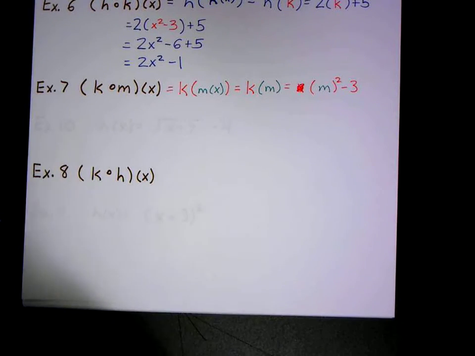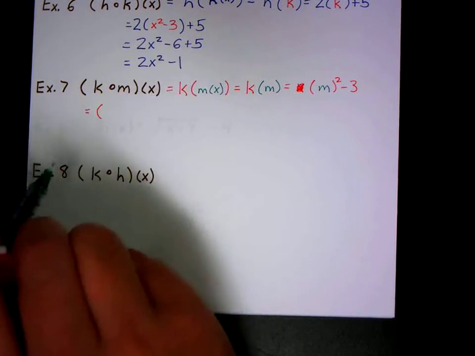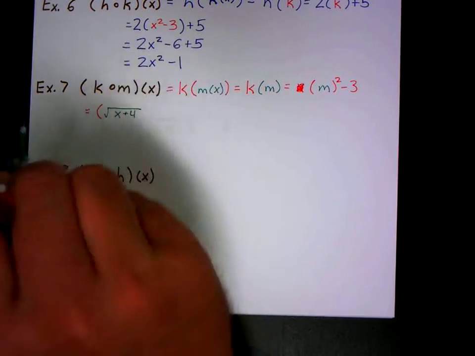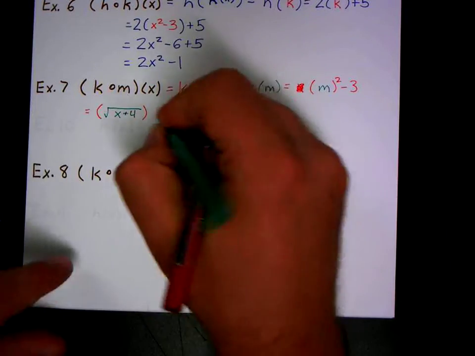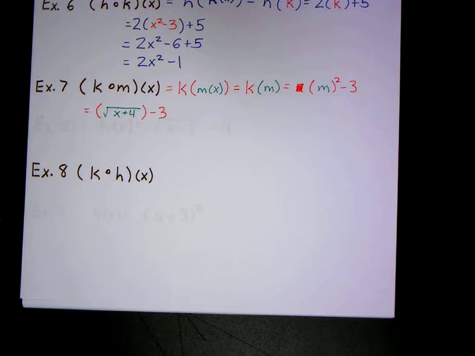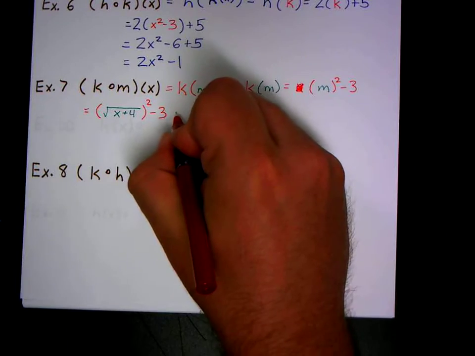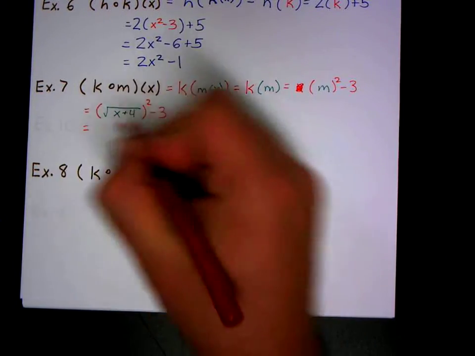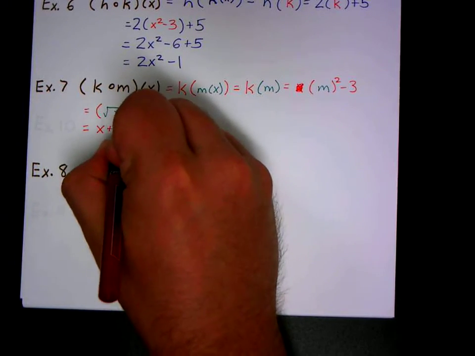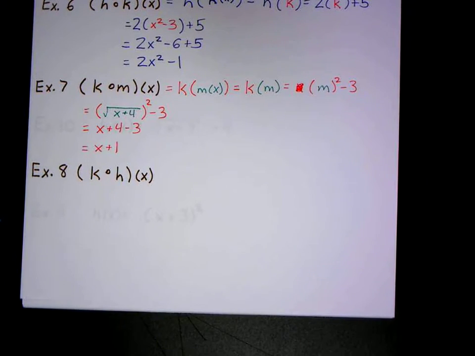Okay, m is square root of x plus 4. Oh, I forgot my square sign. Okay, so now all I have to do is simplify. So my square and my square root cancel out. So there's my answer.